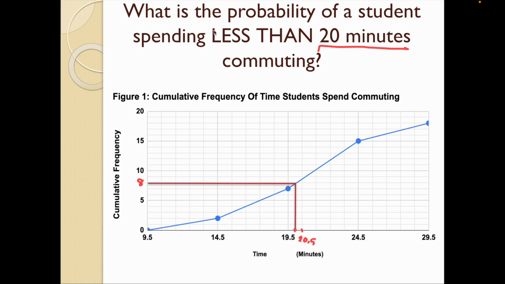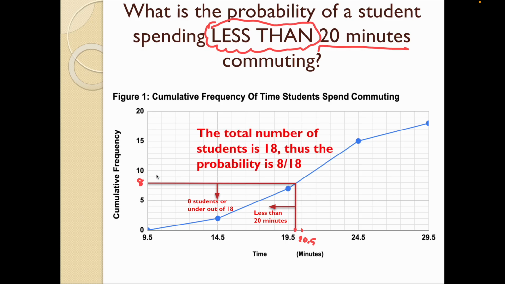But we want the people who took less than 20 minutes. So those who took less than 20 minutes would be those same 8 students. Does that make sense? So then now, that would be the probability. The total number of students is 18. Thus the probability is 8 out of 18. Alright? Kaylana, make sense? Yeah. Josiah, make sense?